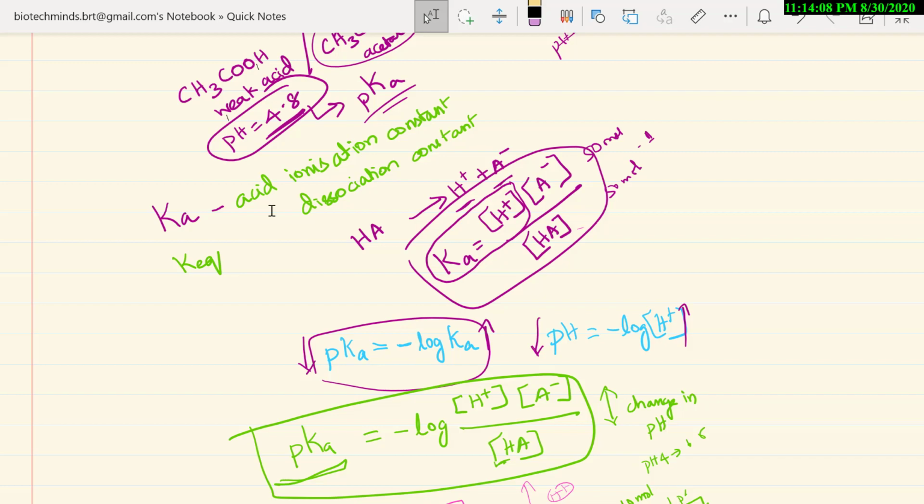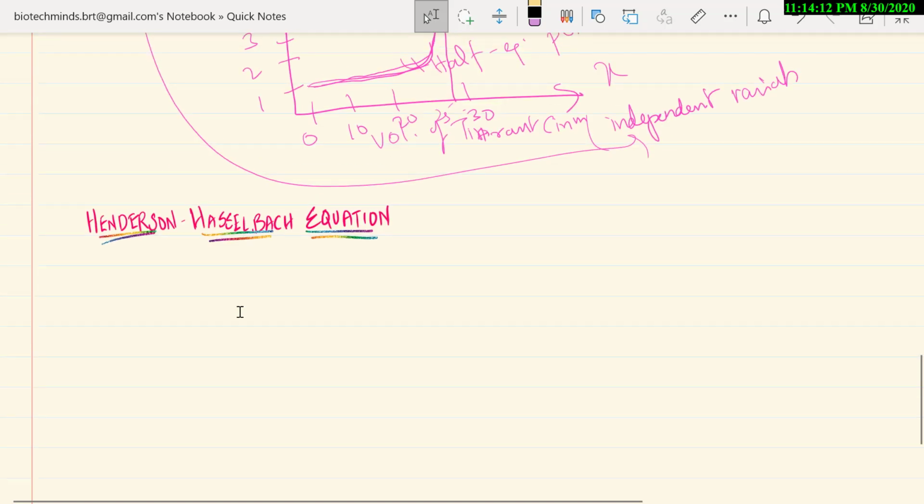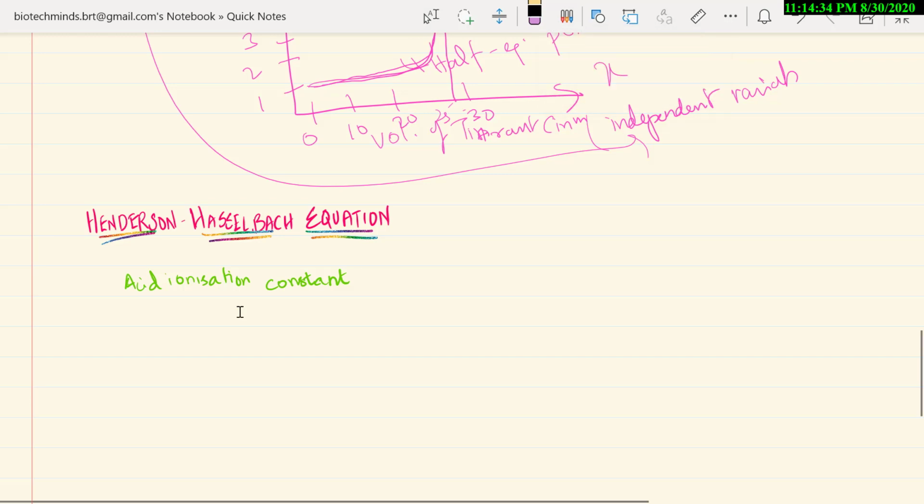First we will write down what Ka is. Ka is the acid ionization constant.